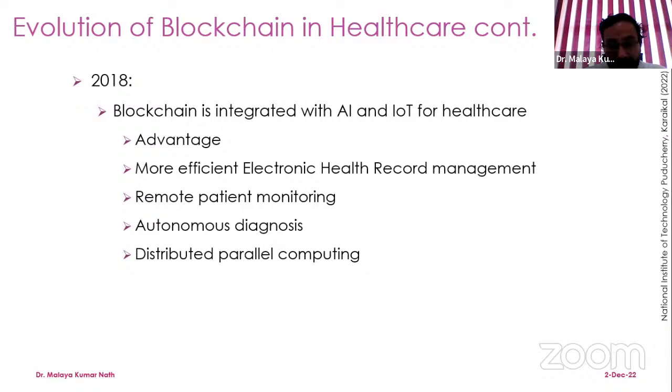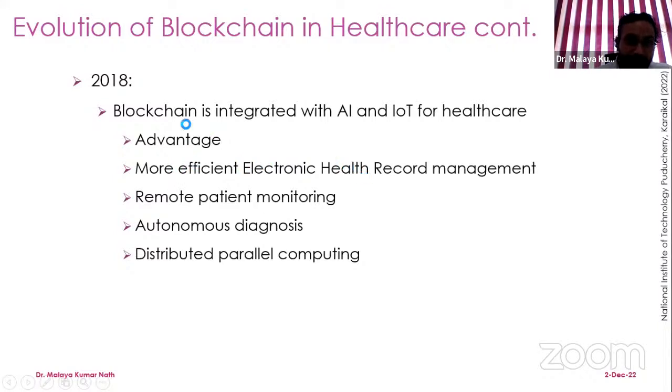So IoT and AI come together for decision making, and blockchain is used for security, or for secure data sharing. So in 2018, blockchain was integrated with AI as well as IoT for the healthcare sector, and it has the advantage of more efficient management of electronic health records.